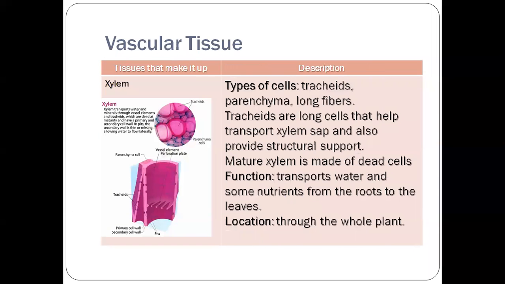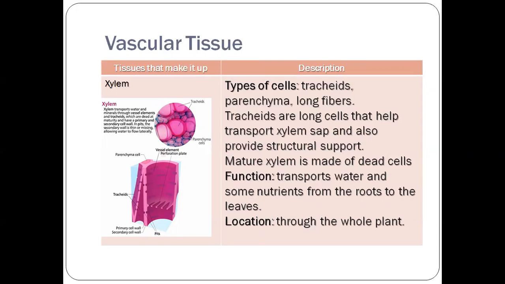Xilema. Okay. Entonces, vamos a tener nosotros xilema y floema en el vascular tissue. Si es que pensamos en xilema y floema, los dos van a transportar sustancias, tienen que transportar algo. En el caso del xilema, transporta agua y algunos nutrientes from the roots to the leaves, es decir, de las raíces hacia las hojas.